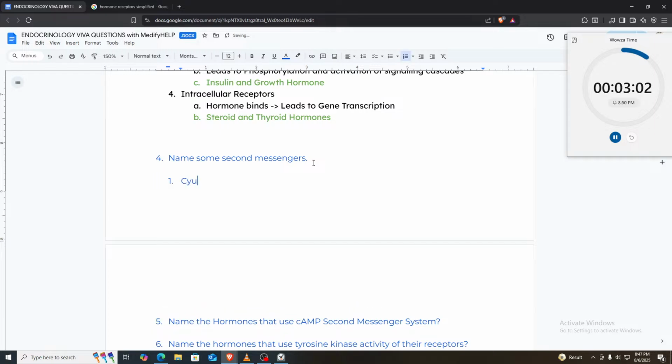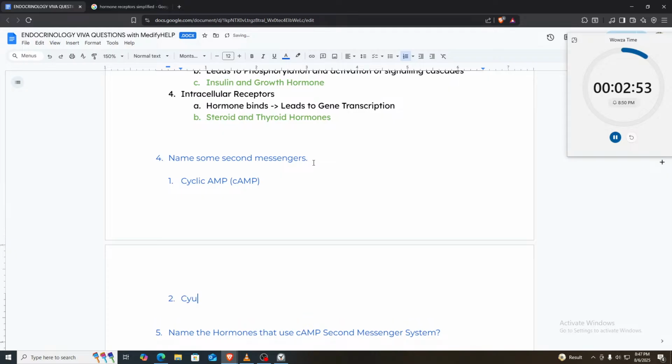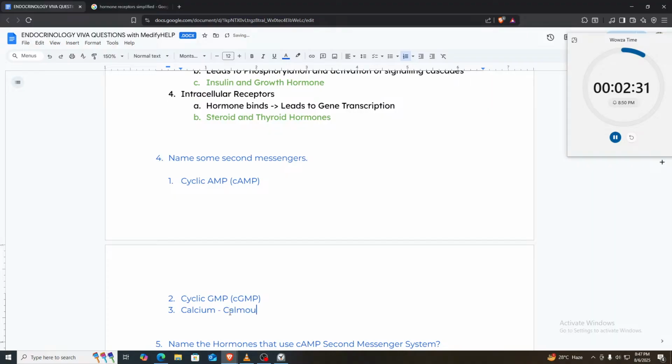So you have cyclic AMP, cyclic GMP, then you have your calcium-calmodulin complex.